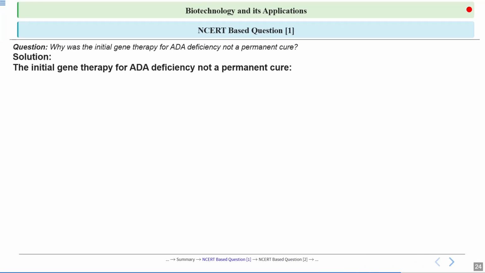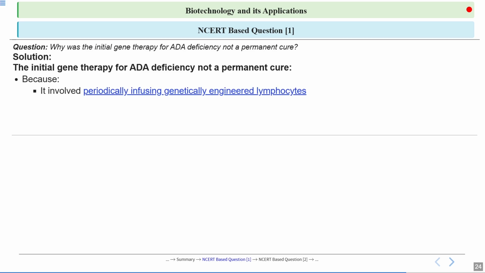So the solution says the initial gene therapy for ADA deficiency was not a permanent cure. Why? Because it involves periodically infusing genetically engineered lymphocytes. We know that lymphocytes are going to die after a particular point. It is not immortal, it will die.